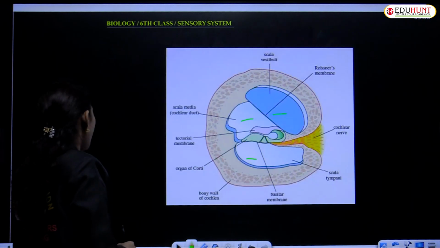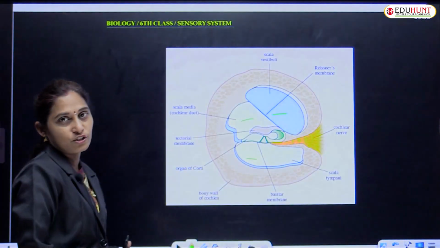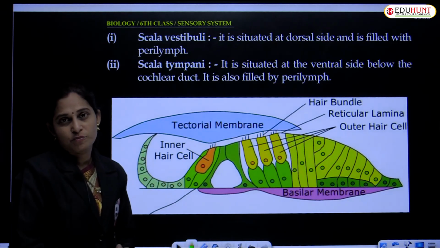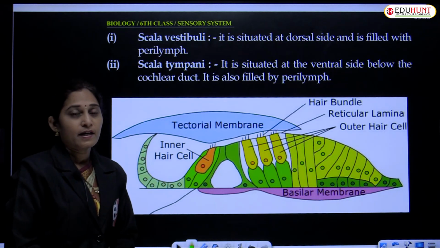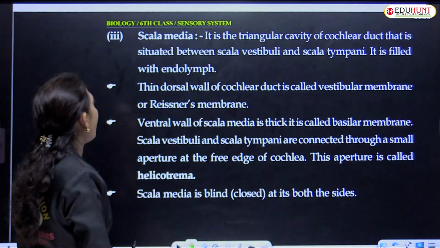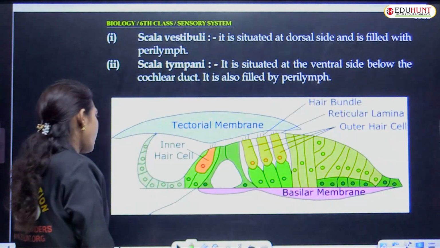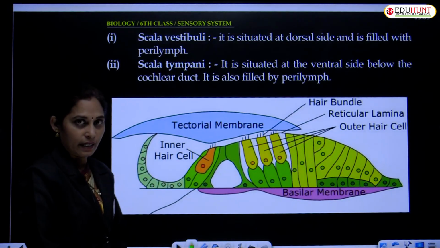And the transverse section of the cochlear canal consists of three parts: scala vestibuli, scala tympani and scala media. These are the three parts which are present in the cochlear canal.